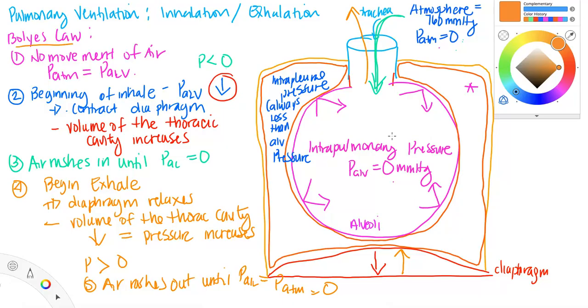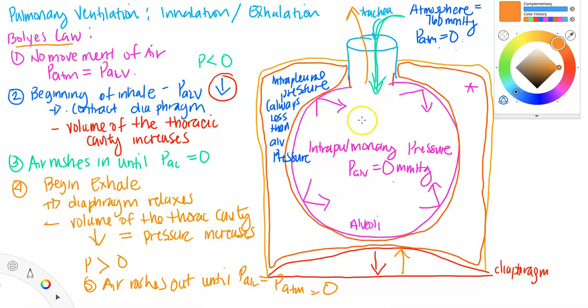Pressure's equal, and then you exhale. Diaphragm relaxes, volume of the thoracic cavity decreases, and the pressure goes up and is greater than 0. Then that equalizes to 0 again as you finish your exhale, and then the whole thing happens again. And that is breathing.